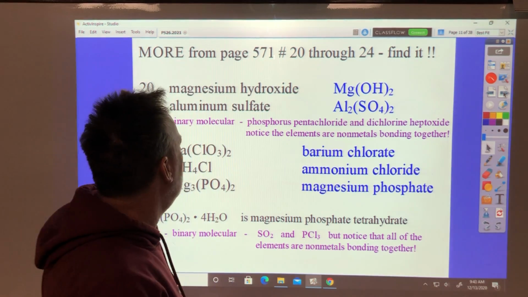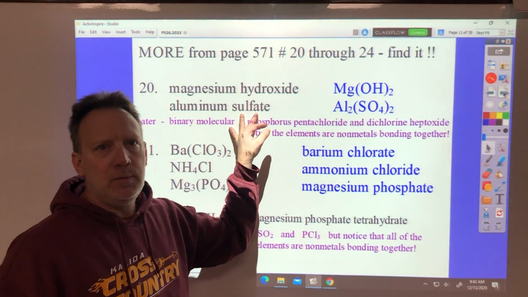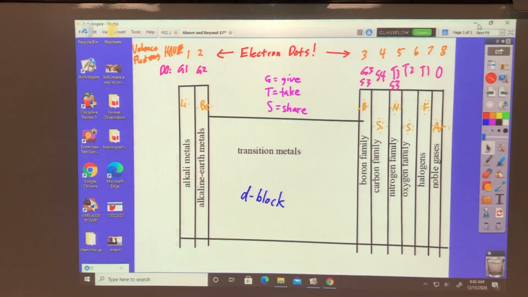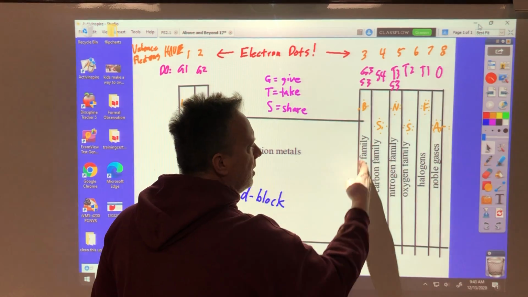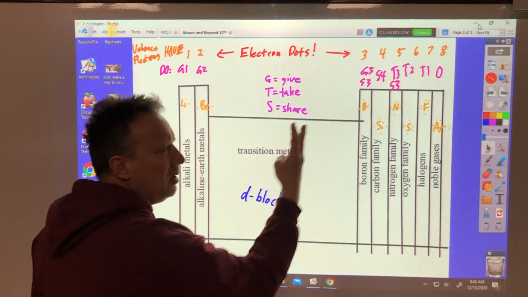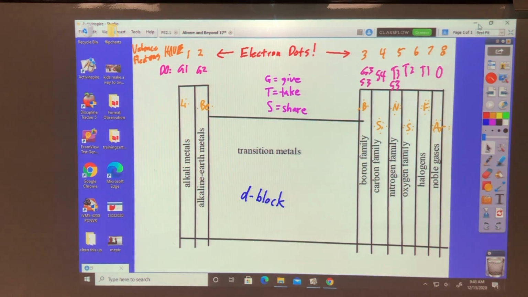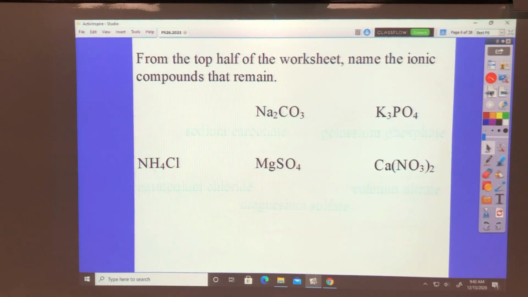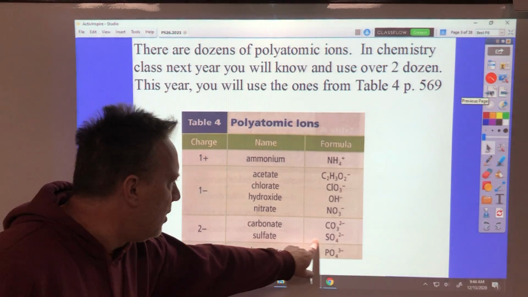The other one, aluminum sulfate. Aluminum gives 3. It's right here, oxidation number 3 positive, it's under boron. Sulfate took 2.